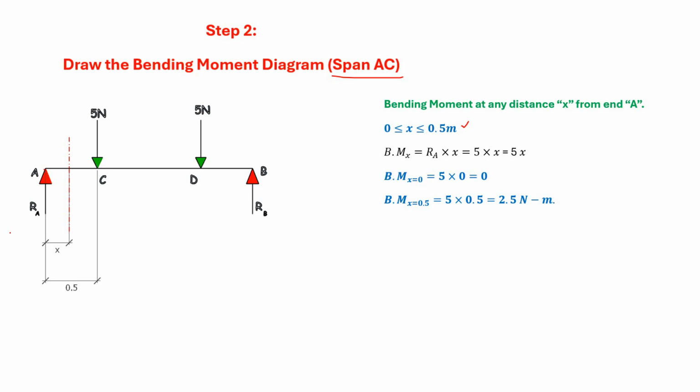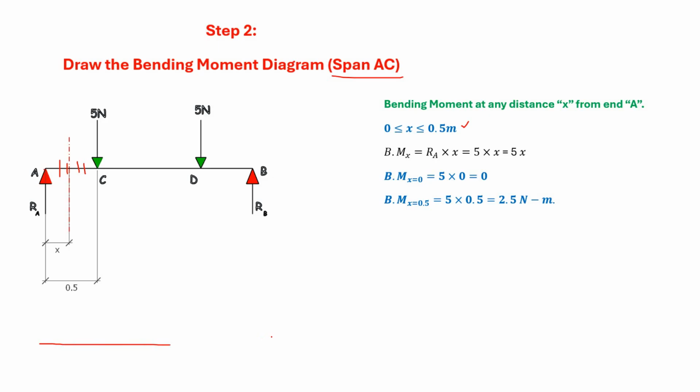Now the bending moment at X is equal to RA multiplied by X. So wherever you are making a cut, it is RA into X. RA is 5, so it is 5X. Now put X equal to 0: 5 into 0 is 0, and put x equal to 0.5: 5 into 0.5 is 2.5.